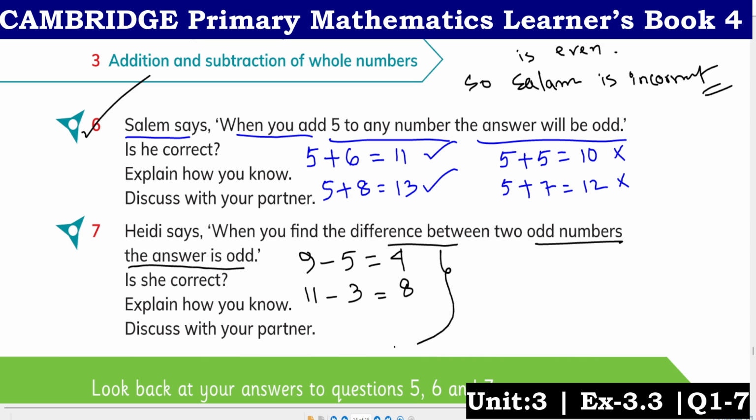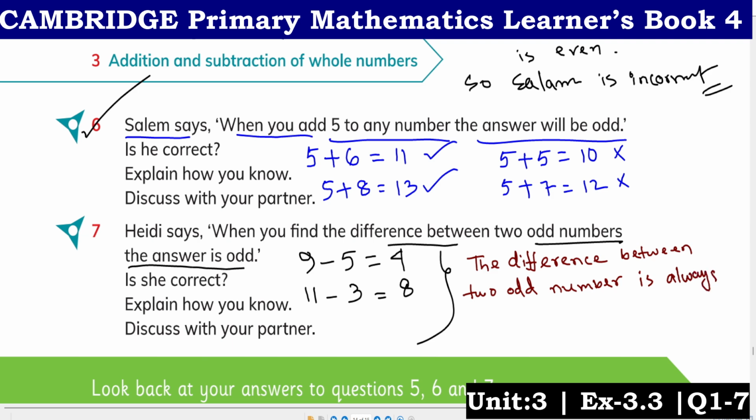So we can write: the difference between two odd numbers is always even.